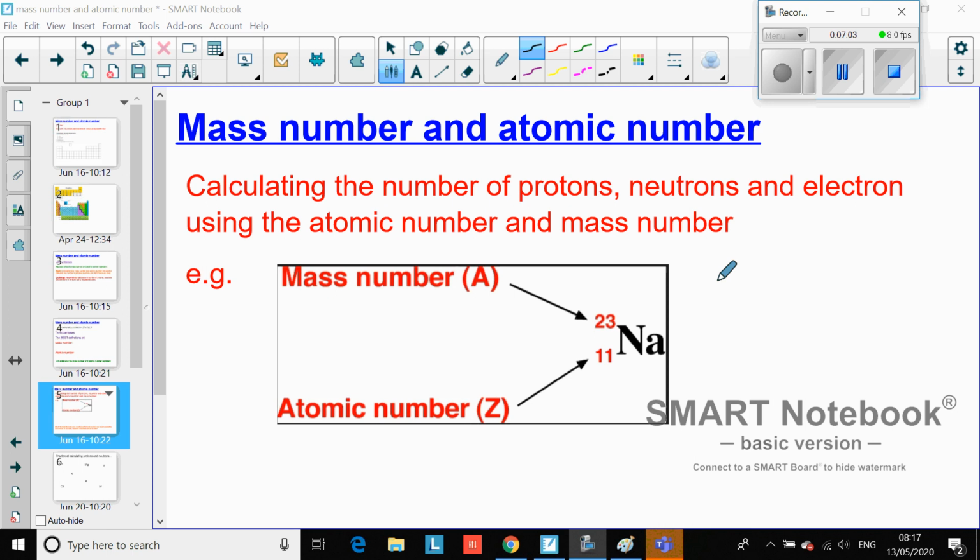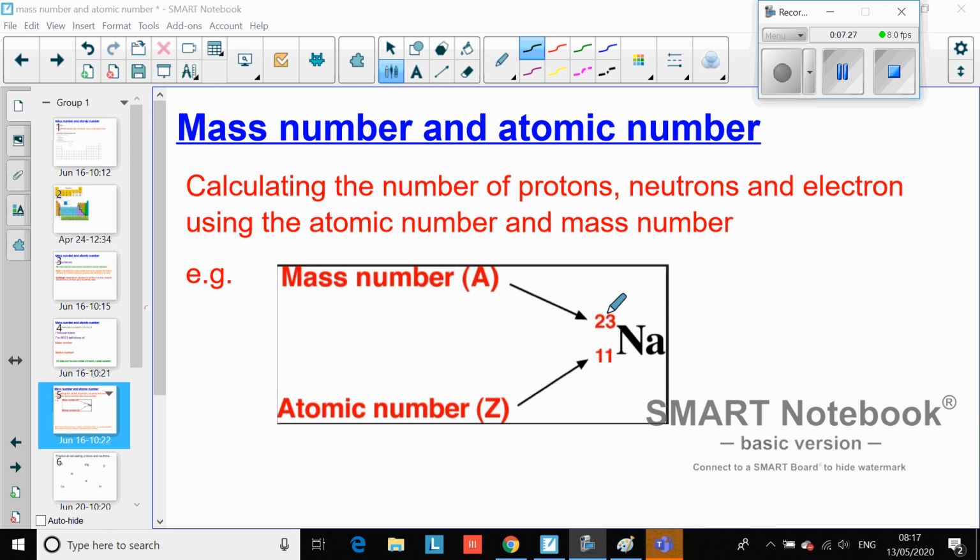And so therefore, for sodium, although we've got 11 protons, we must have 12 neutrons, okay? Because that brings us up to 23. So we can use that rule to always work out how many neutrons there actually are.